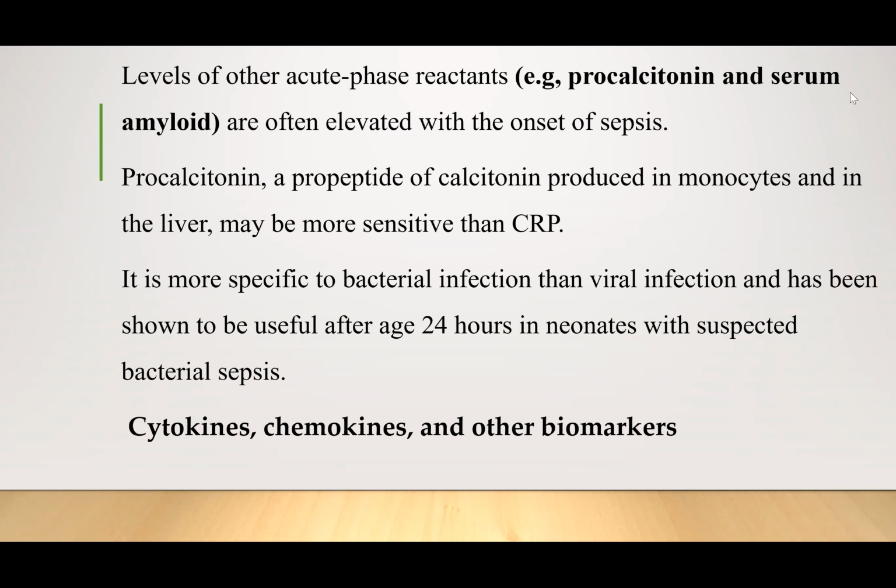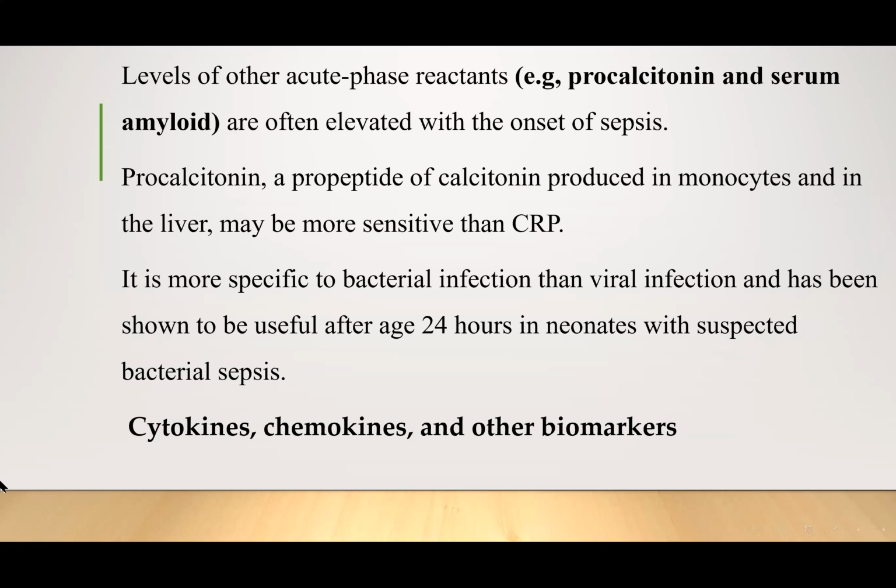Another very important marker is procalcitonin, and also serum amylase. Procalcitonin is now available in our hospital. It is a peptide precursor of calcitonin produced by monocytes and in the liver, and may be more sensitive than CRP. It is more specific to bacterial infection than viral infection, has been shown to be useful after 24 hours, and will also help us to stop the antibiotic.